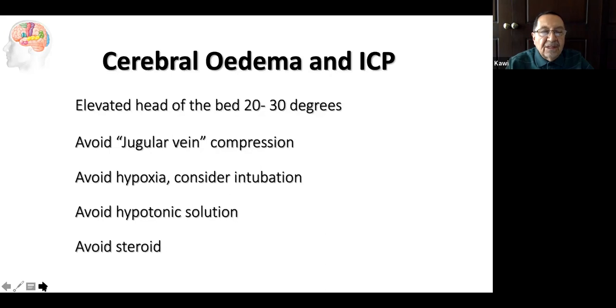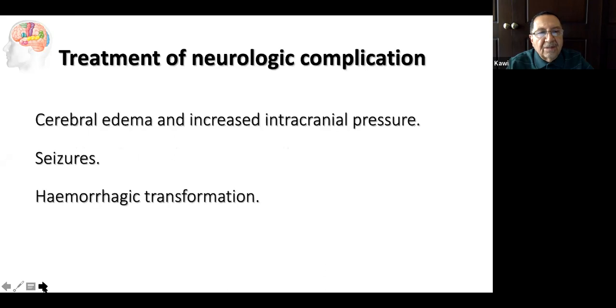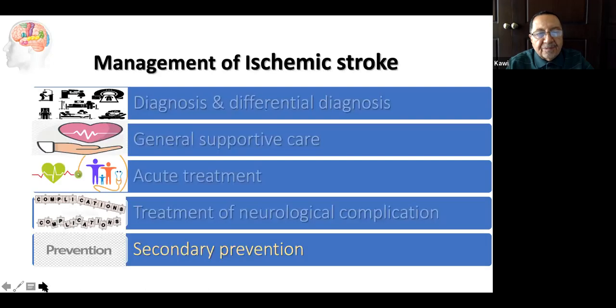And we shouldn't give the patient hypotonic solutions in order to avoid increasing the edema, and we avoid corticosteroids in the early treatment. We treat cerebral edema and increased intracranial pressure. We treat seizures if they happen, and we treat the hemorrhagic transformation if it happens.